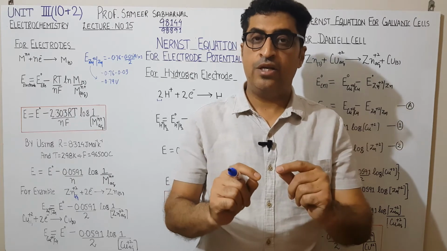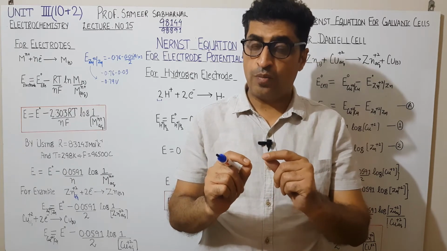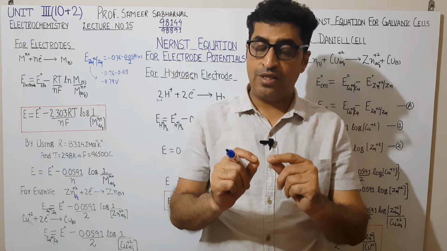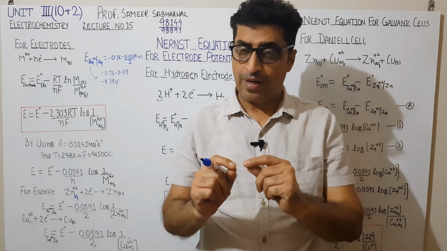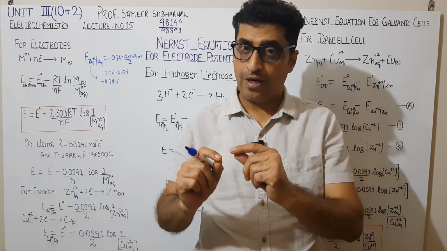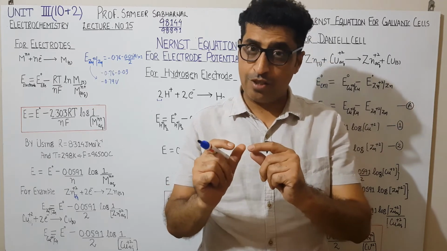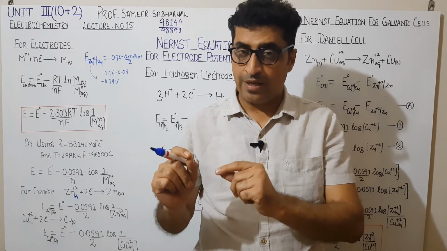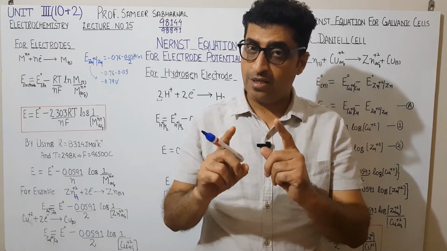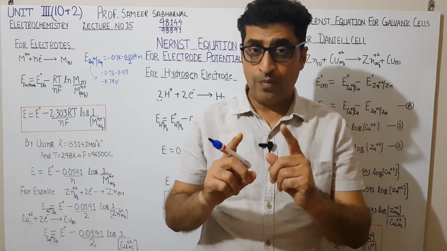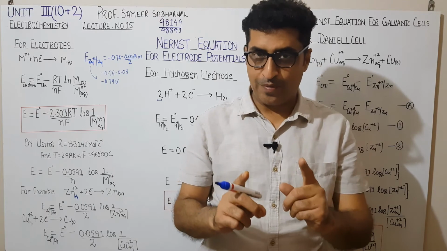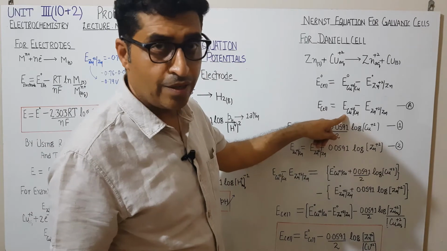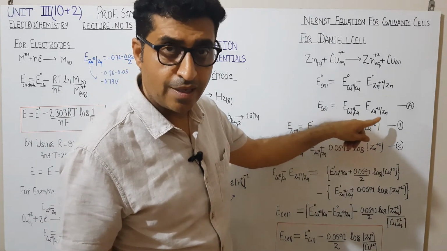E cell is equal to reduction potential of cathode half, which is copper, that is E copper ion to copper, minus reduction potential of anode half, that is E zinc ion to zinc, though oxidation takes place at anode because we are comparing their reduction potentials. Okay, so E cell is equal to E copper ion to copper minus E zinc ion to zinc.